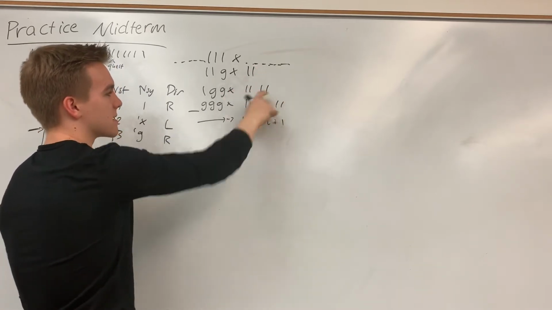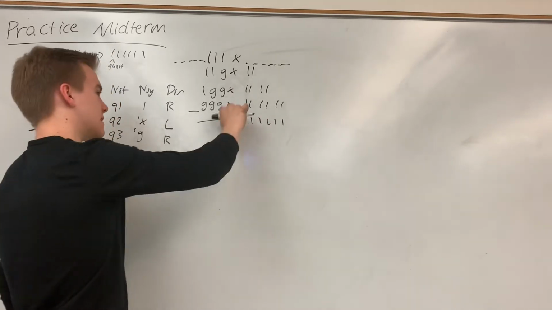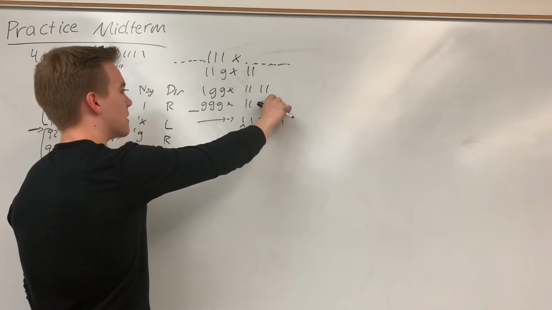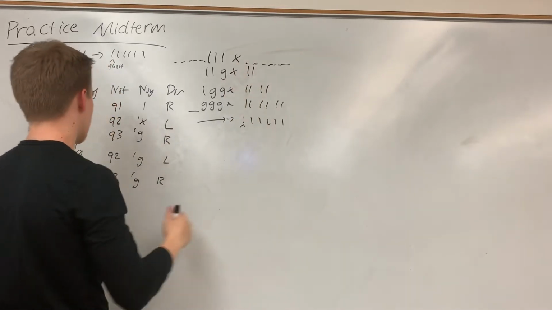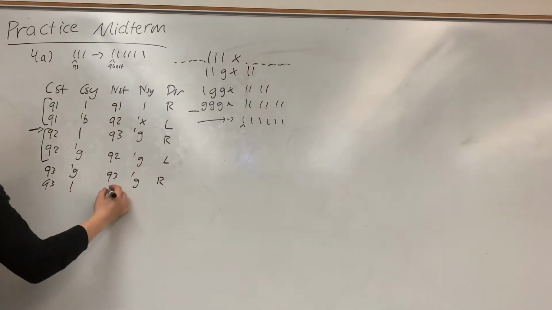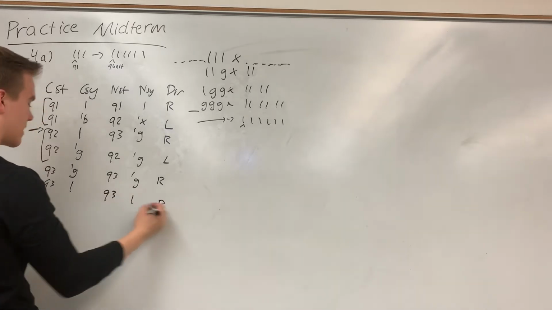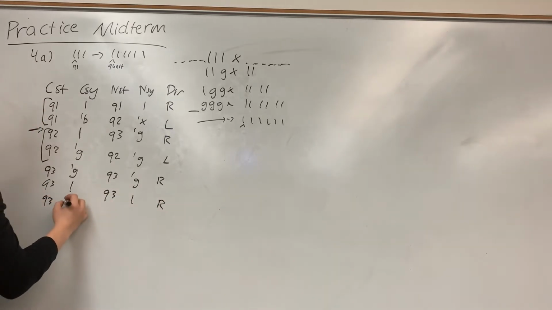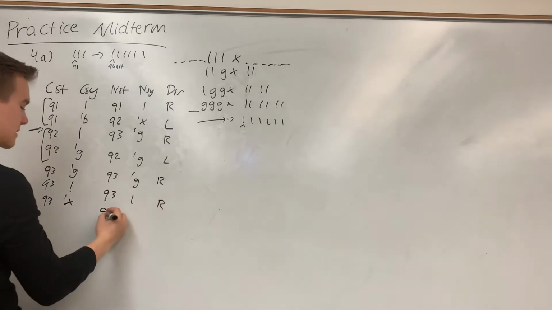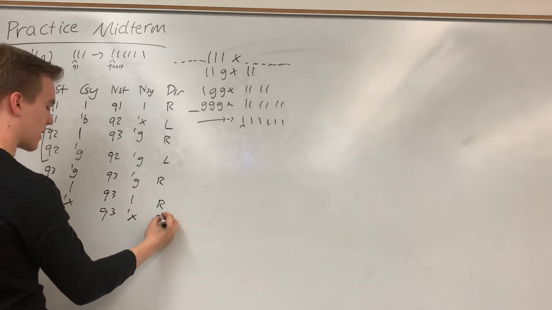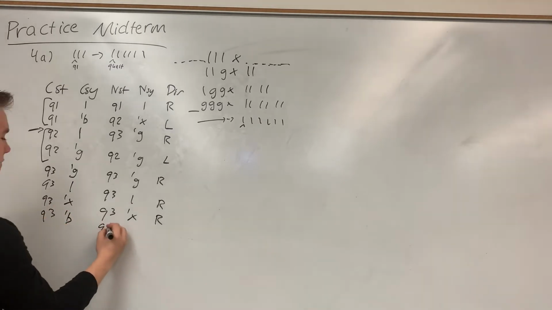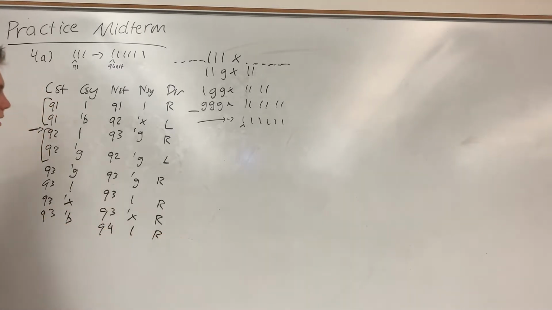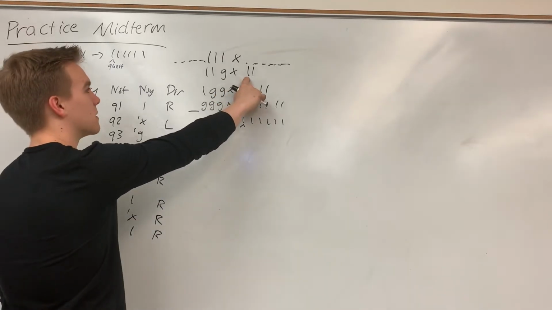Because each time we're going to be adding to the end of this list, whether it ends in an X or 1s. So Q3 if you see a 1, leave it as a 1, move to the right. Q3 if you see an X, leave it as an X, move to the right. All staying in Q3. But if Q3 sees a blank, move to Q4, make that blank a 1, and move to the right. So this will output my first 1.